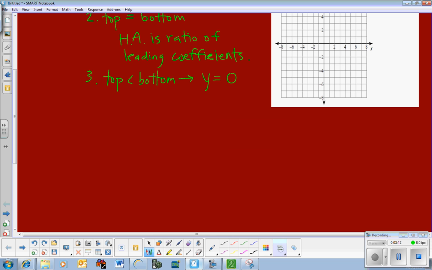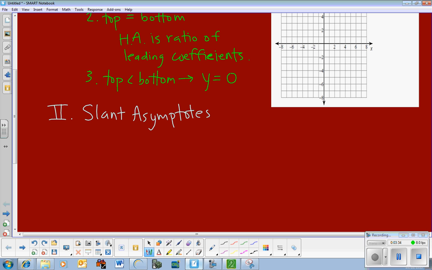But number 2, slant asymptotes. So what this is, is a tilted line, not the axis or a perfectly horizontal line, but a slanted line that your graph will approach.